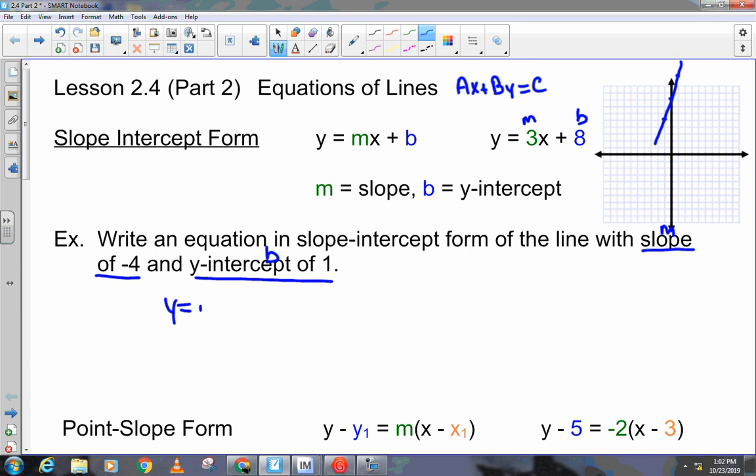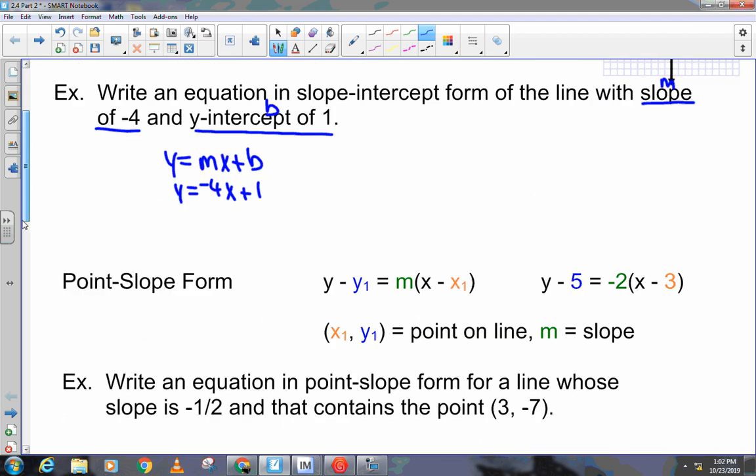So if I take my equation, y equals mx plus b, I'm going to replace my m and my b. So that would be y equals -4x plus 1. Okay, so that is the slope-intercept form for the equation of that line. Now, they typically don't give you just that information. You usually have to find more information.